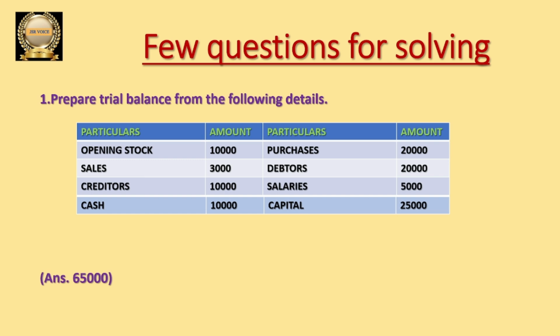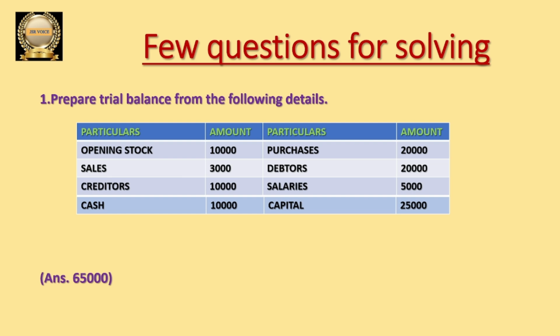First question, prepare trial balance from the following details. You have to first draw the format and then prepare it. I'll read the items one by one, but you only have to decide whether each should be recorded under debit or under credit.